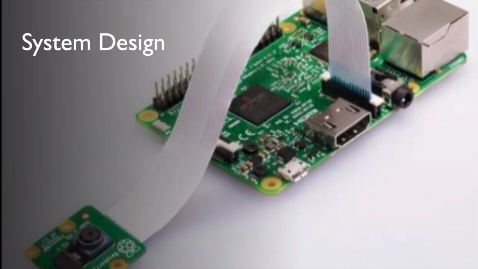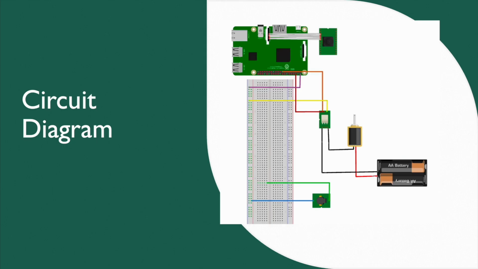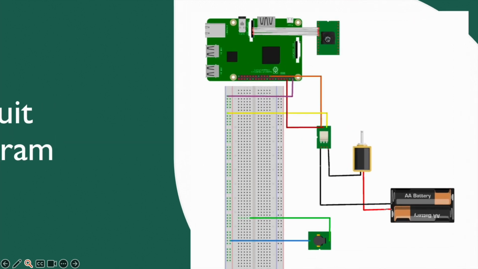Talking about the system design, this is the basic system design. This is not the final form, just a reference image of how the system is going to look. And talking about the circuit diagram, this is our system. This is our camera module, which will be connected to our Raspberry Pi, and those are the GPIO pins we're going to be using.